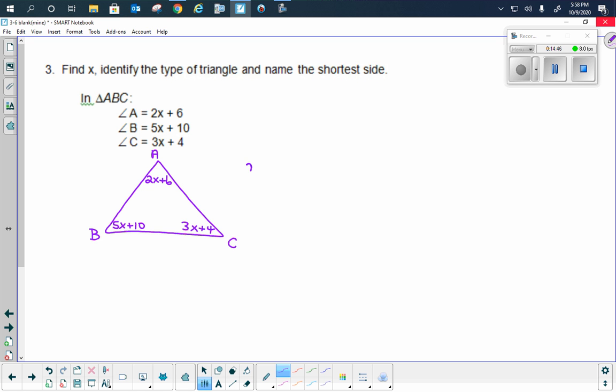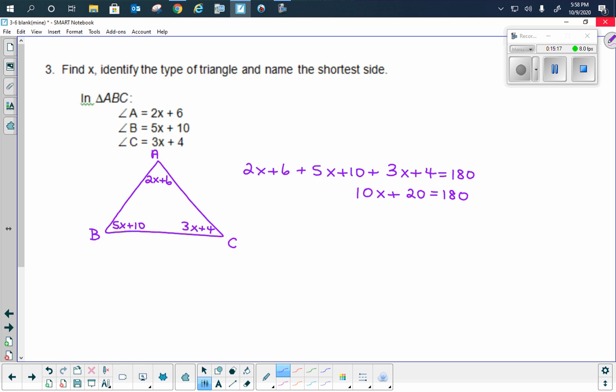So that should give you the equation 2x plus 6 plus 5x plus 10 plus 3x plus 4 equals 180. All right, combining like terms, 2 plus 5 plus 3, that's going to give us 10 x's. 6 plus 10 plus 4, so 16 plus 4, so 20, equals 180.